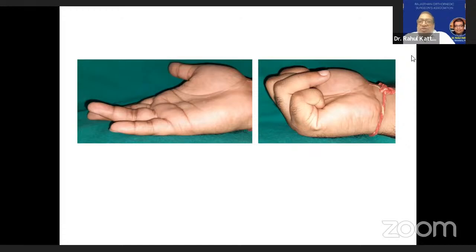Rather, they will choose to leave the finger as such. Most of the time, they insist on trying a repair. So my question is, even if we try for reconstruction of FDP at 6 weeks, what additional complications do we anticipate in such cases? This question is to all the panelists.